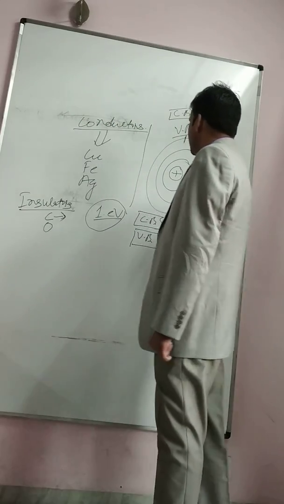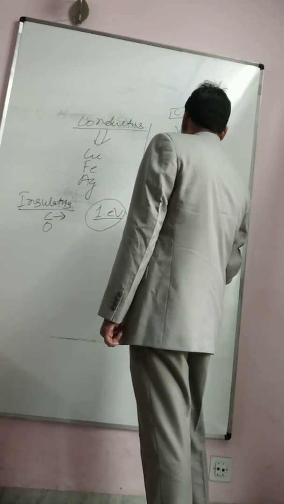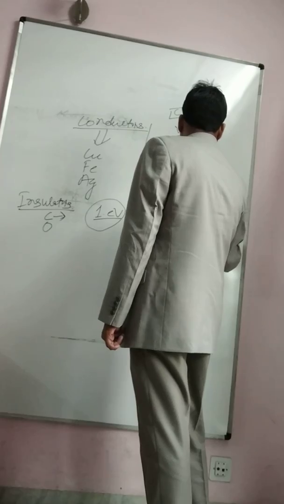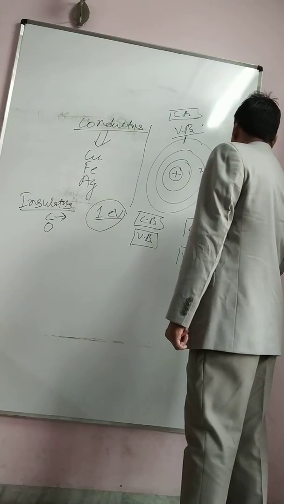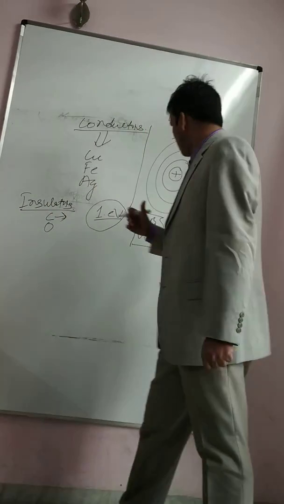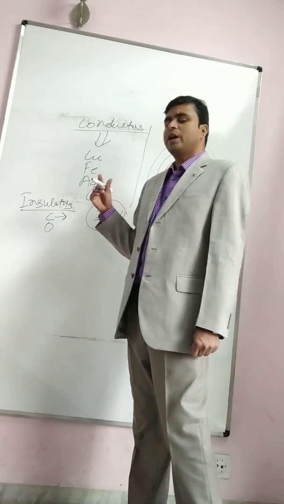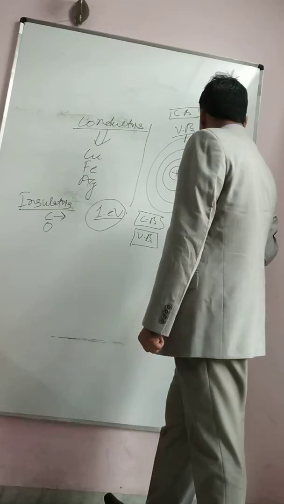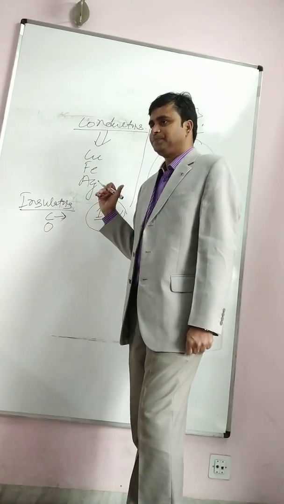In terms of the energy gap, the valence band and conduction band are far away from each other, and the energy gap is more than 1 electron volt. So whatever energy or potential difference we apply across the insulators, the electrons cannot jump from the valence band to the conduction band, so they cannot conduct electricity.